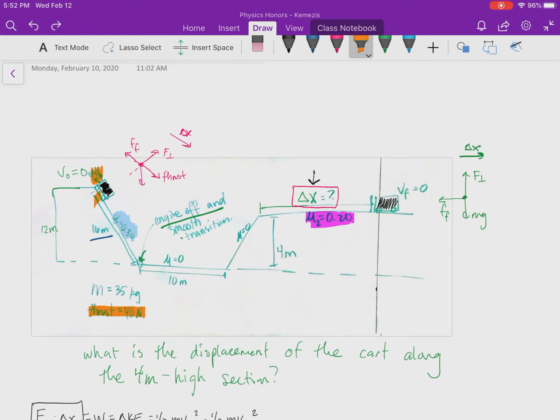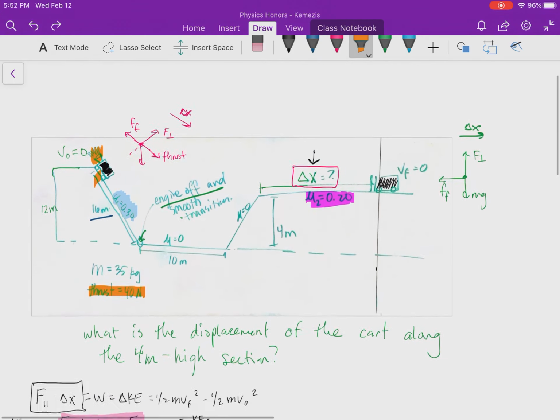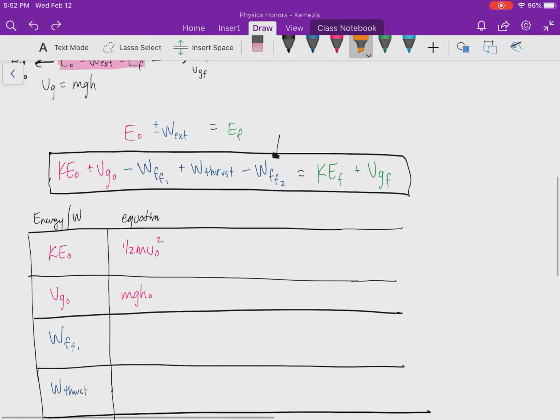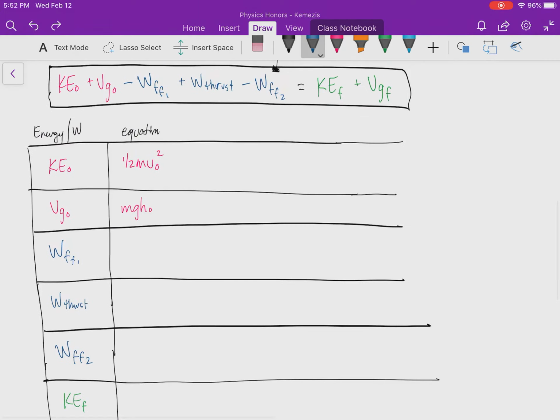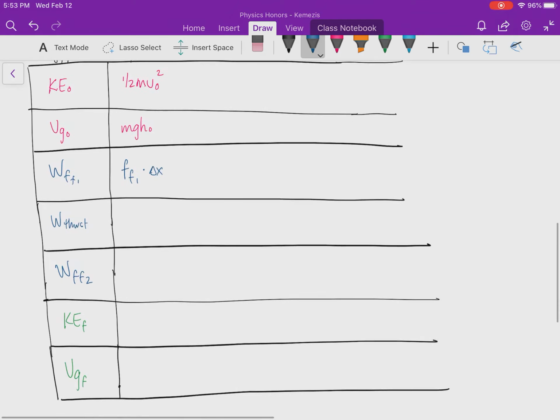And the way that we're going to define that, the force that is parallel is the force of friction, and the displacement is going to be, right, force of friction 1 times the displacement, which I know is going to be 16, but I'm just defining by variables here. The work of the thrust is going to be the force of thrust times its displacement.